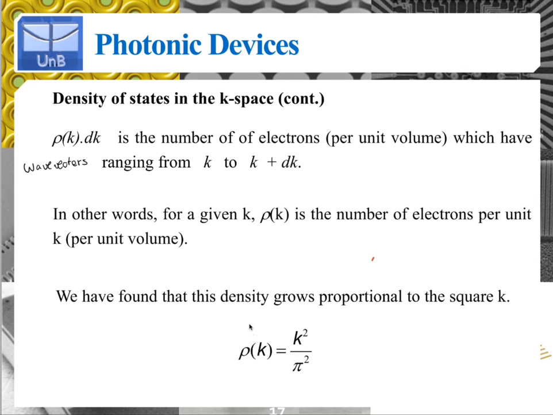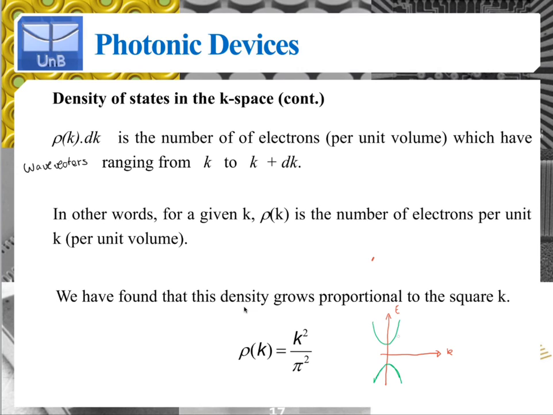And this is important information, because if you draw the band structure, E as a function of k, with the conduction band and the valence band, this means that the density of states is not homogeneously distributed along these bands.